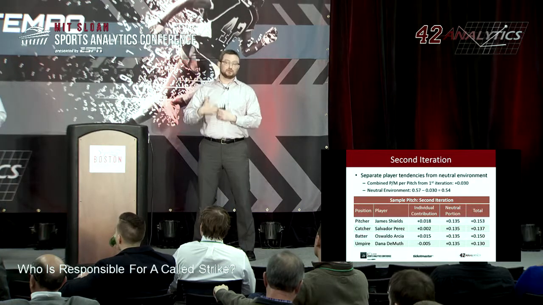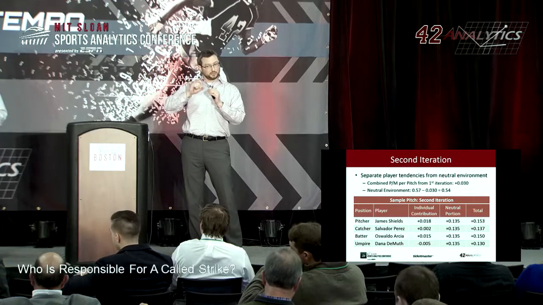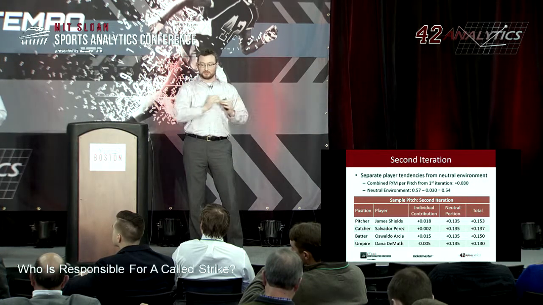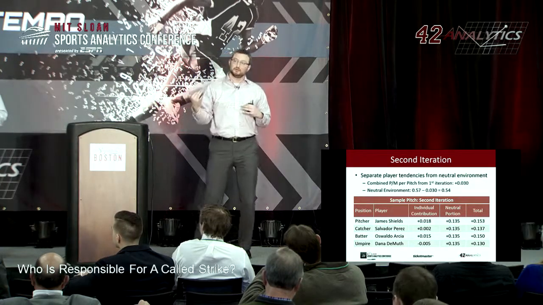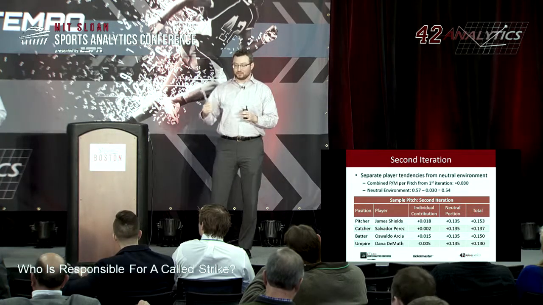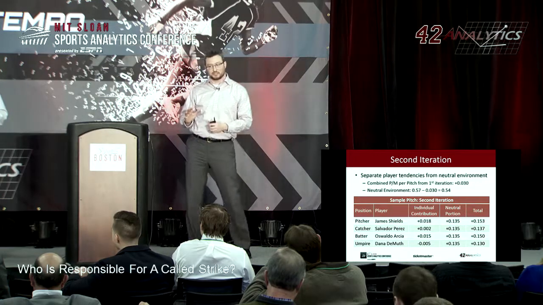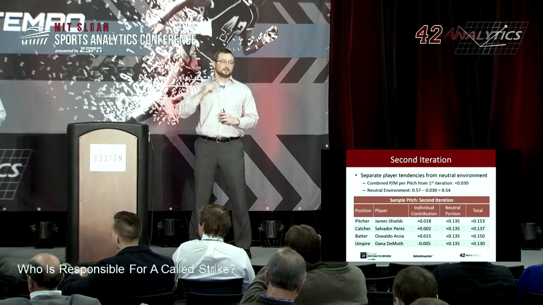Somebody like Shields, who is more inclined towards getting extra strikes called, instead of that 0.1425 from the equal distribution that we had at the first iteration, now he's getting 0.153 credit, so more of that credit. And somebody like DeMuth, who is more inclined towards those pitches being called balls, is going to get less of the credit. This pitch is still called a strike, so everybody's still going to get positive credit, but he's getting much less of it than Shields is.